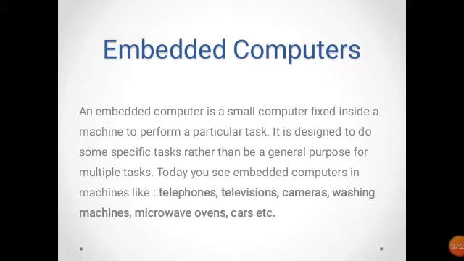Our televisions, cameras, washing machines, microwave ovens, cars, etc. So, these small computers are fixed inside these appliances goods, and these processors control the functioning of that particular product or the object. So these are called embedded computers.